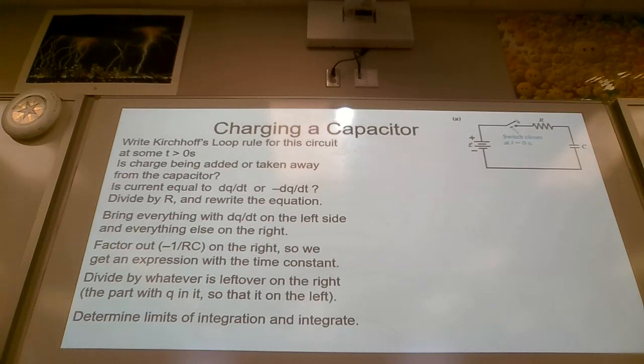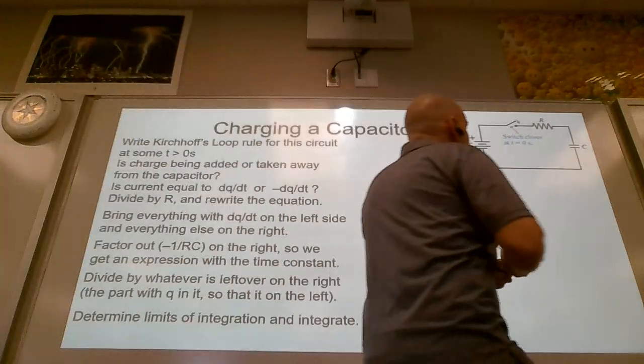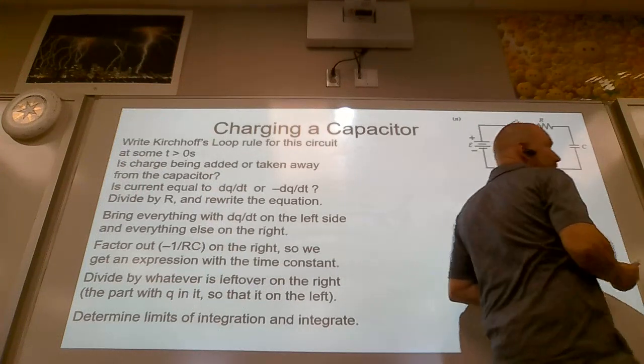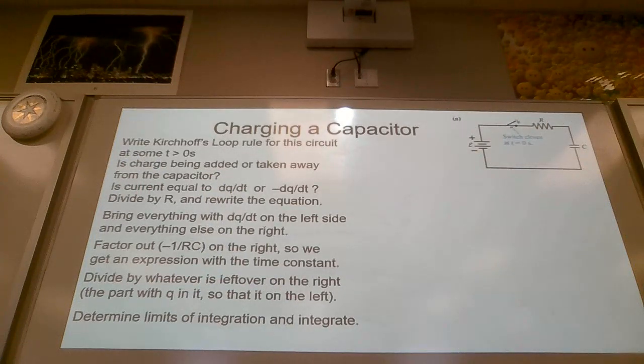What is Kirchhoff's loop rule going to be for this circuit while charge is still flowing? It is a perfect battery. Put a lowercase letter for variables that are changing.